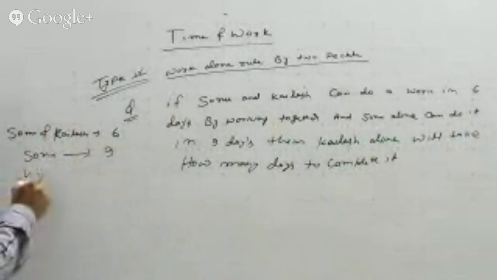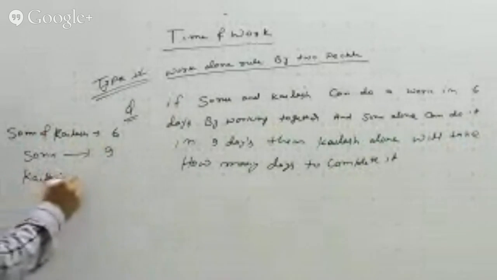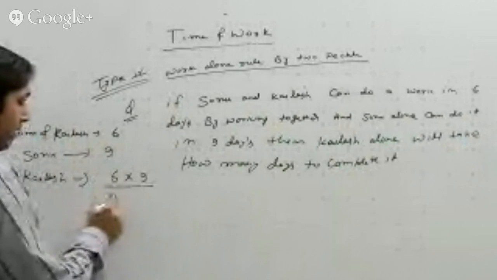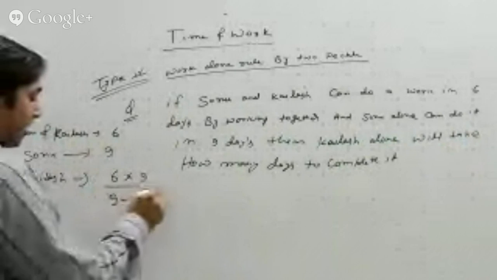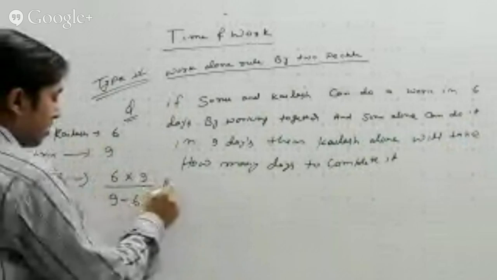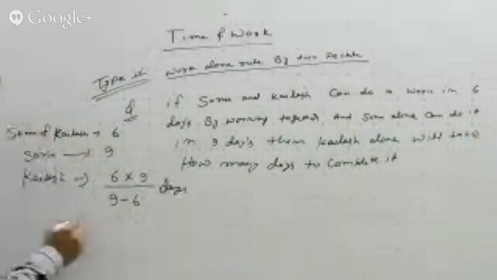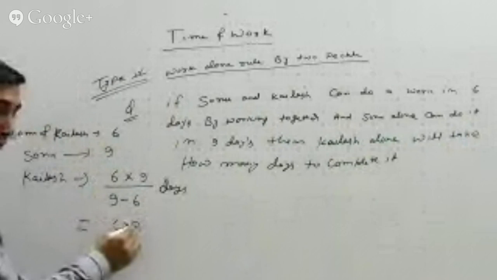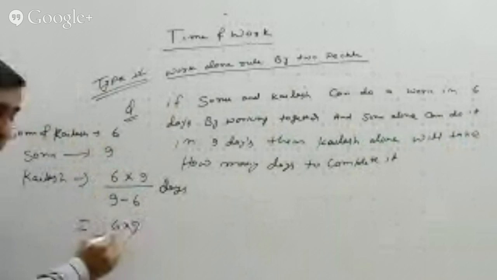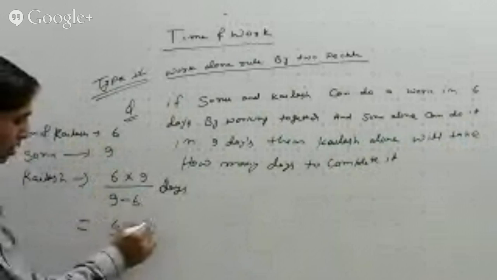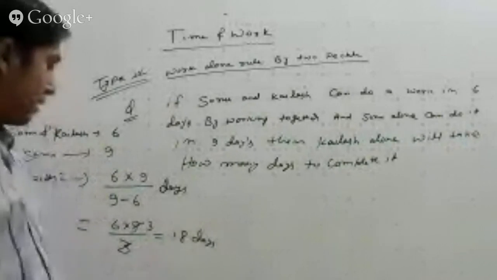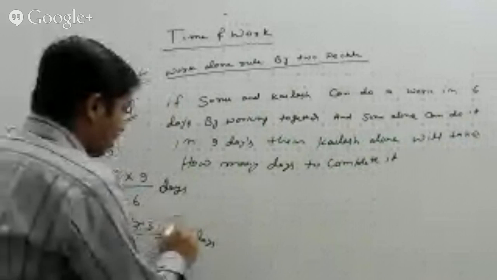So Kailash alone will take 6 into 9 by 9 minus 6 days, which is equal to 6 into 9 by 3, 18 days. Which is the required answer.